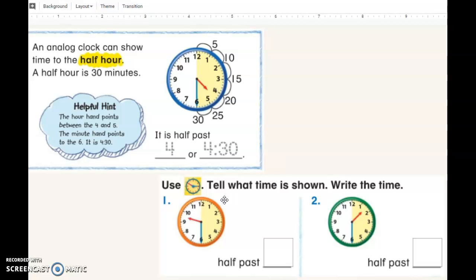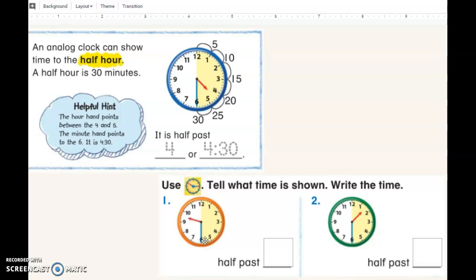For questions 1 and 2, we need to tell what time is shown. Then it says write the time. For right now, we're not going to look at the numbers. We're going to look at how we can tell the time using the words half past. For everything that we're doing today, the minute hand is always going to point at the 6.